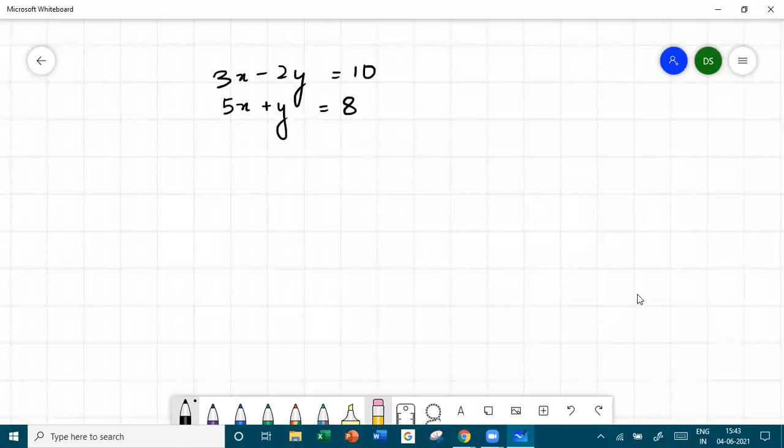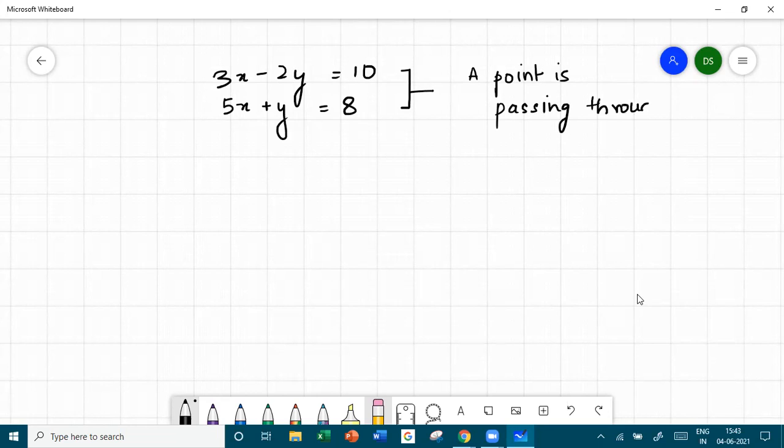So when I talk about the intersection of these lines, or if I say a point is passing through both these lines, what does it mean? The solution of this will be applicable in the first equation as well. Yes, correct.